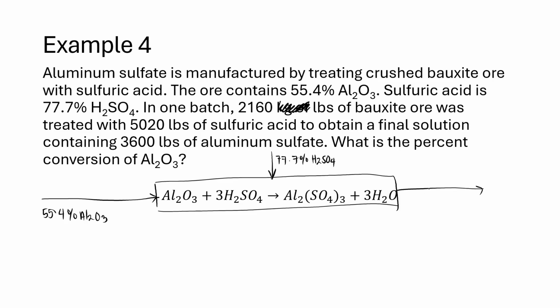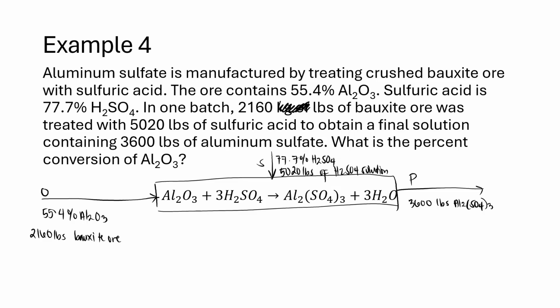So the final solution contains 3,600 pounds of aluminum sulfate, 2,160 pounds bauxite ore. This one is 5,020 pounds of H2SO4 solution. So this is the ore, this is the solution, and this is the product. What's the percent conversion of Al2O3?